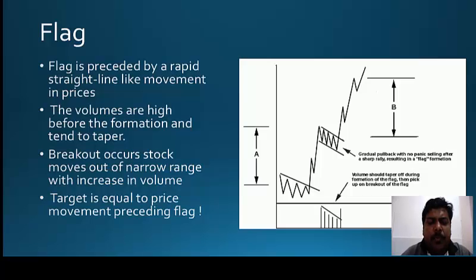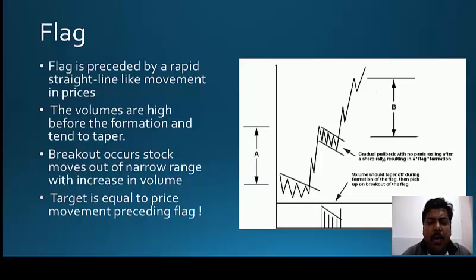The volumes play a very important role in this stock. The up move, that is the straight line flagpole kind of move, is typically done on extremely large volumes, and during the consolidation the volume tends to taper down a bit, and the volumes will go up whenever there is a breakout.